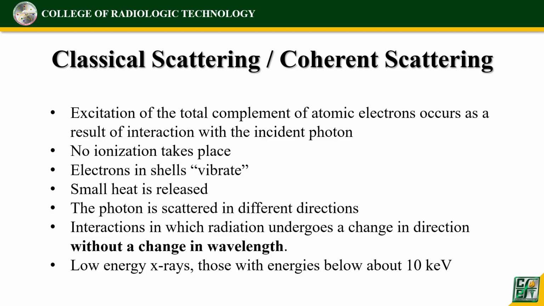Sa classical or coherent scattering, konting amount lang ng heat. Bakit konting amount lang ng heat? Because walang nangyayaring transfer of energy from the low energy photon papunta doon sa target electron. And after that, the photon is scattered in different directions.